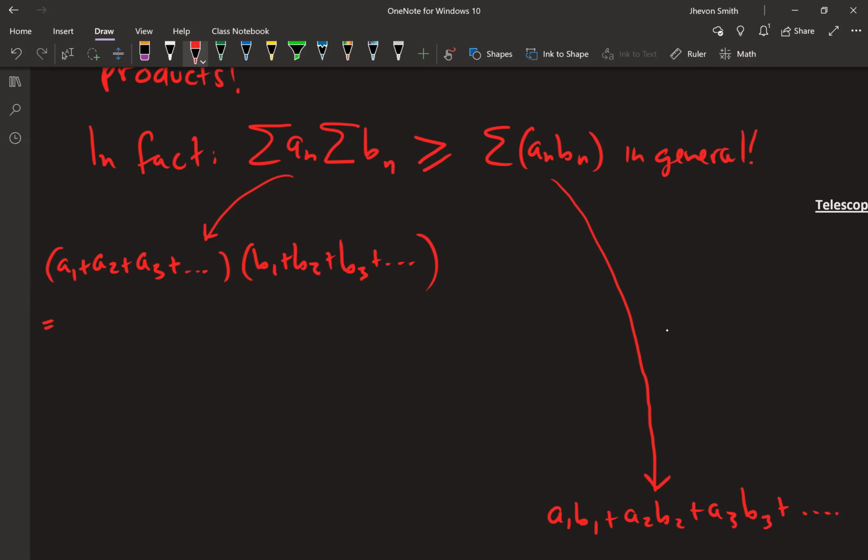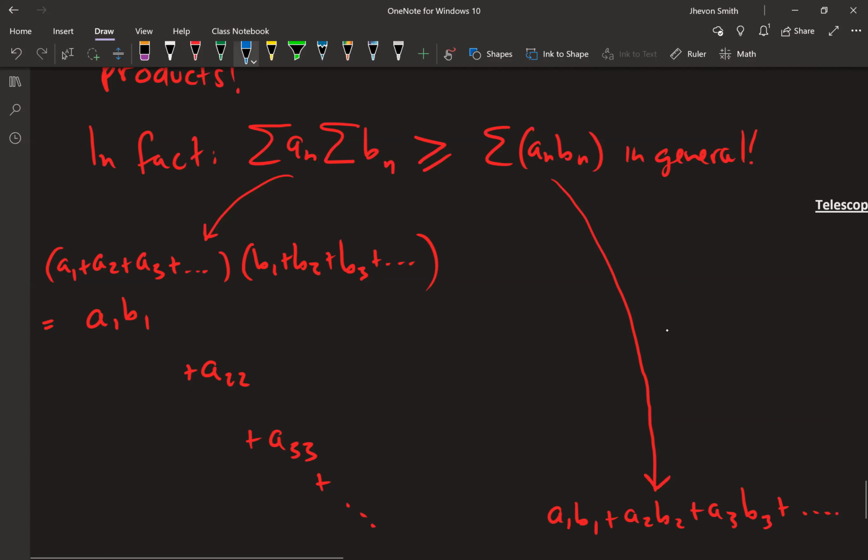Then you start to expand the parentheses. You're going to get a_1 b_1, and eventually a_2 b_2, and eventually a_3 b_3, but you'll realize that you'll get a bunch of other things as well.